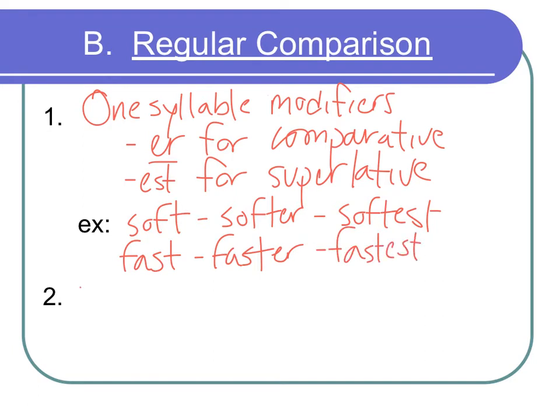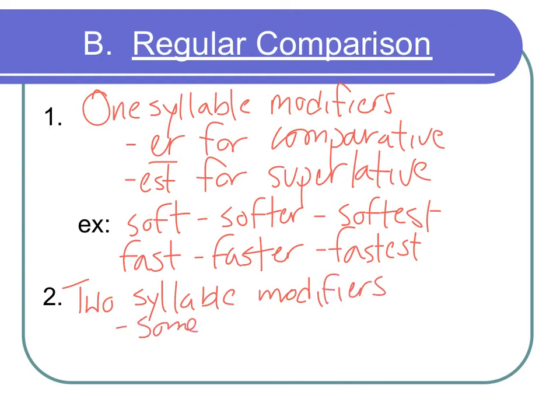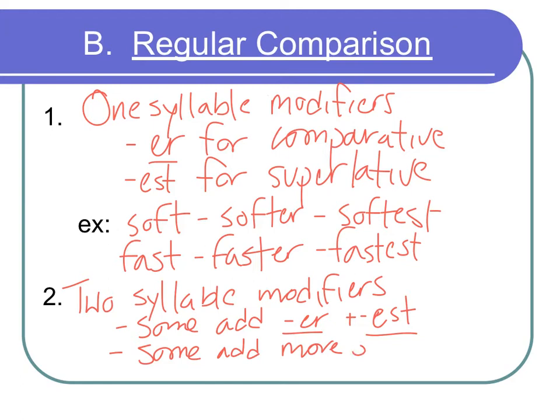Okay, but then we get to 2 syllable modifiers. Some add ER and EST. Some add more or most for the comparative and the superlative.